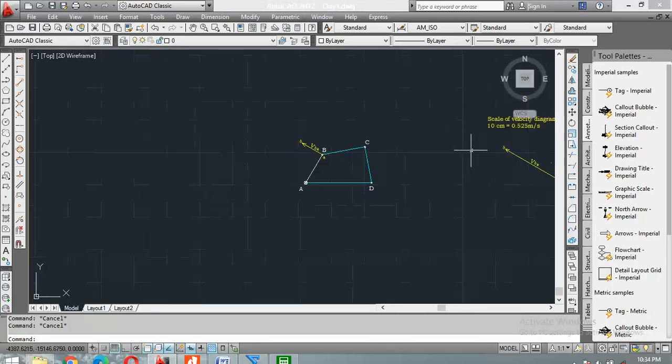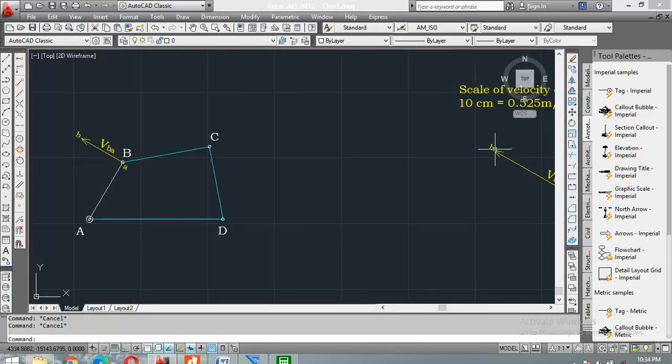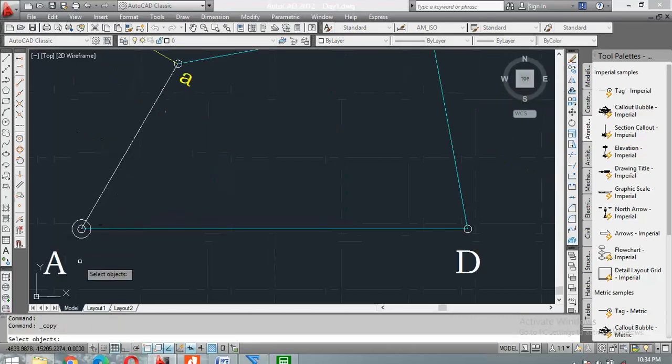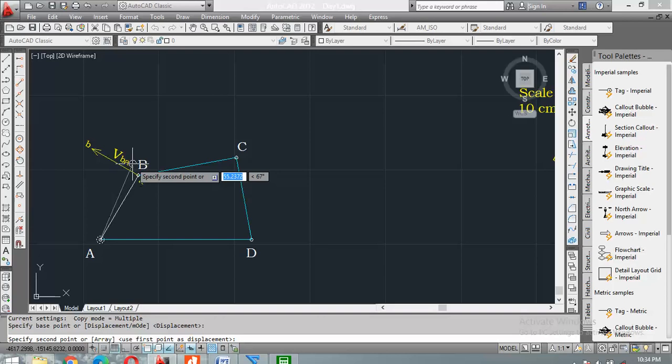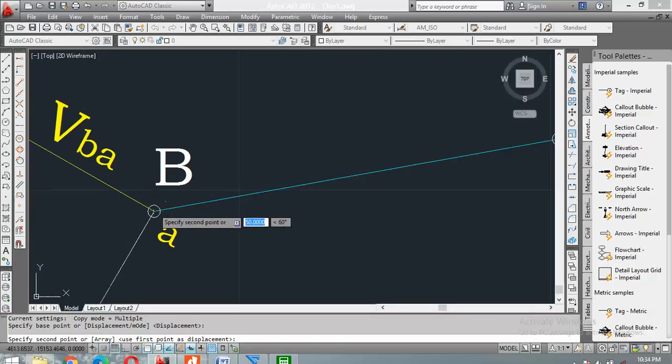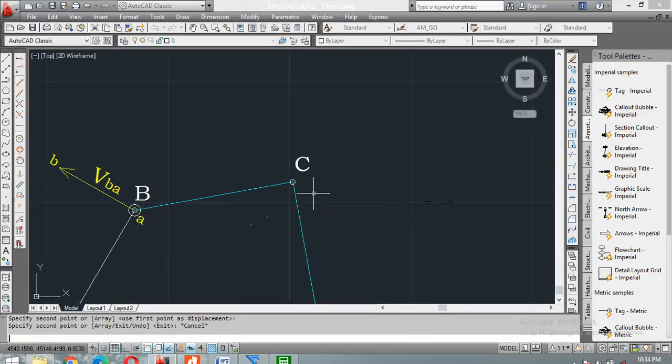And see here, we had already marked point number B. B point is already marked into the velocity diagram. So we can take B point as a hinge point or reference point to mark point number C.